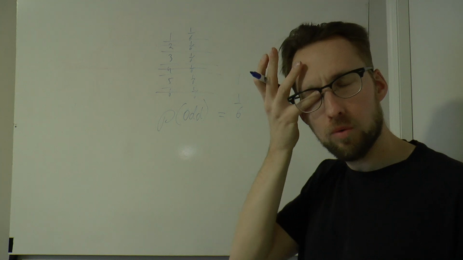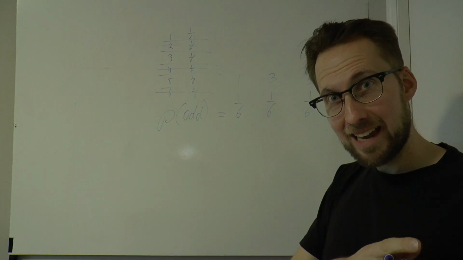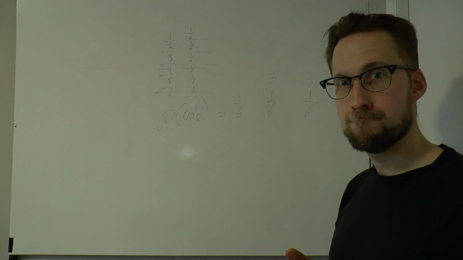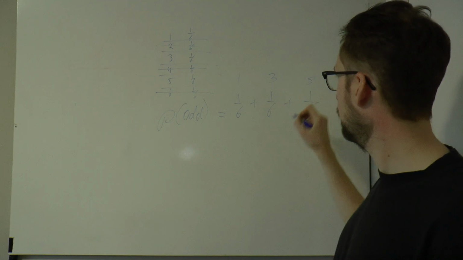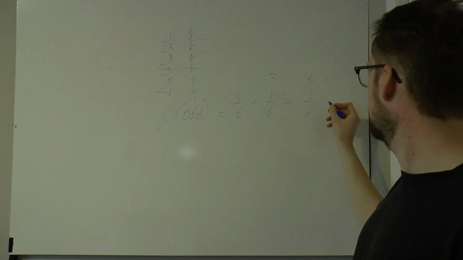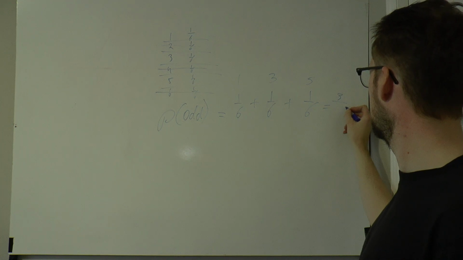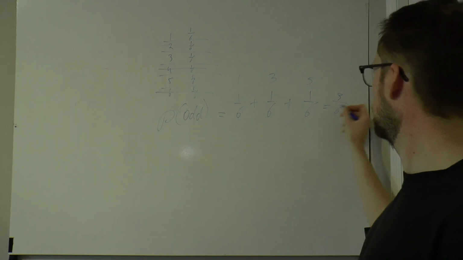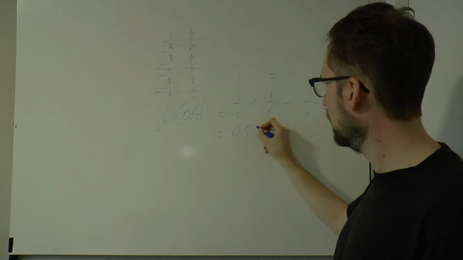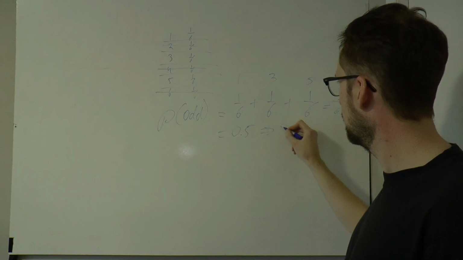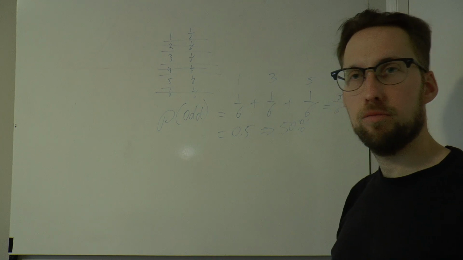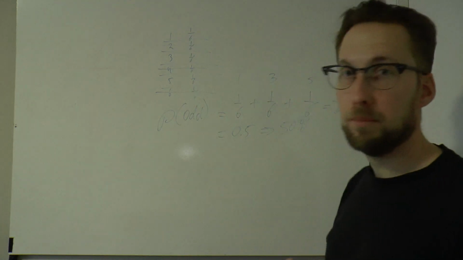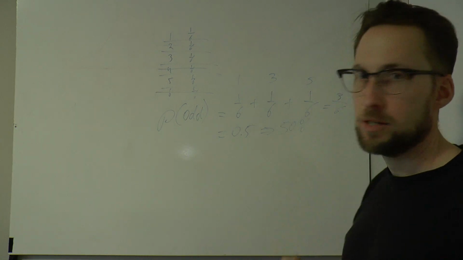And what do we do when we say or? Add or multiply. Or, 3/6. 0.5, 50%. So the probability of rolling an odd number with a normal fair die is 0.5.